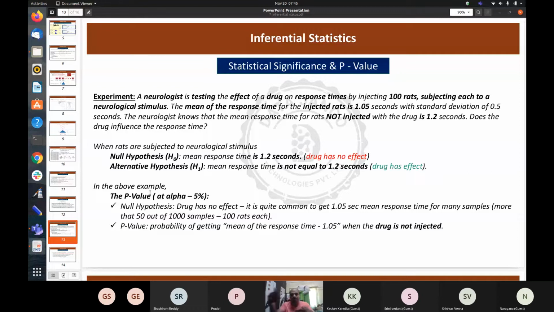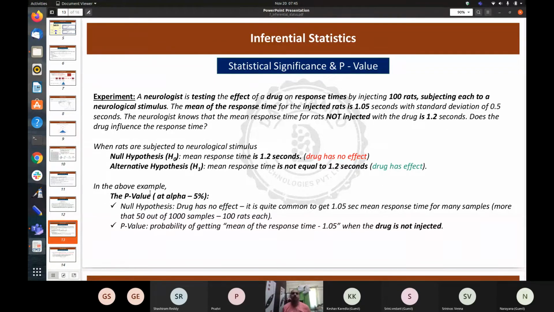If the new thing is happening in old circumstances more than 5 times, we say the new thing is not significant. Even without your conditions, the thing is happening more than 5 times. 5 is not a thumb rule. Generally, statisticians take 5 as the threshold, but different experiments will have different thresholds.